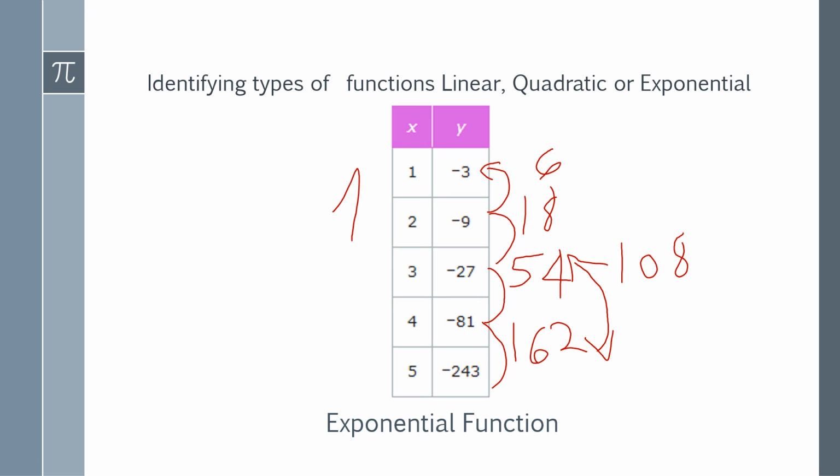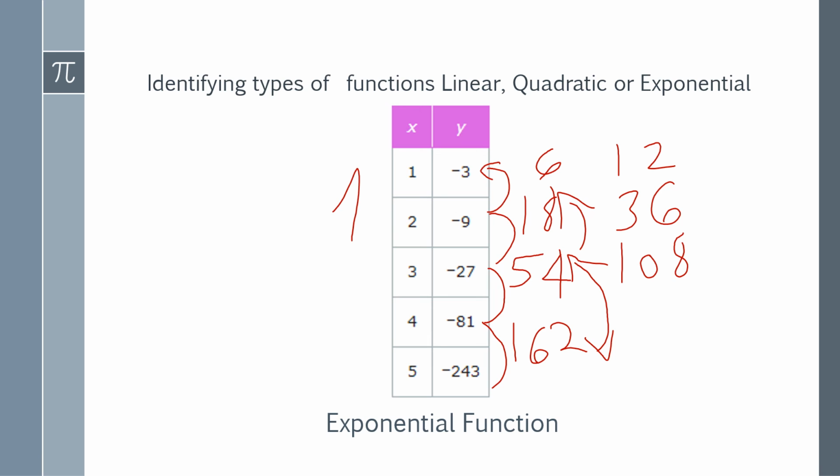If I find the difference, I get 36. And then if I go from 18 to 6, I get the difference is 12. Well, that's a problem because guess what? You did this twice, and there's still no clear-cut pattern.